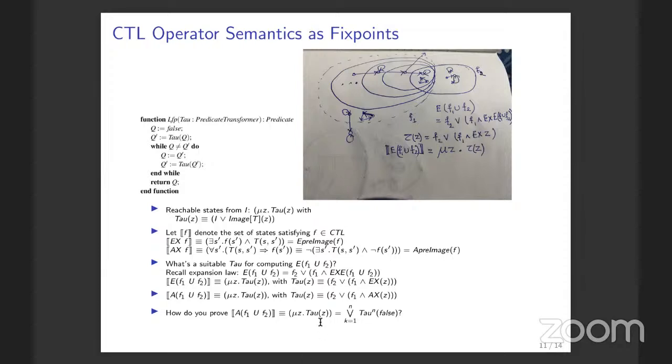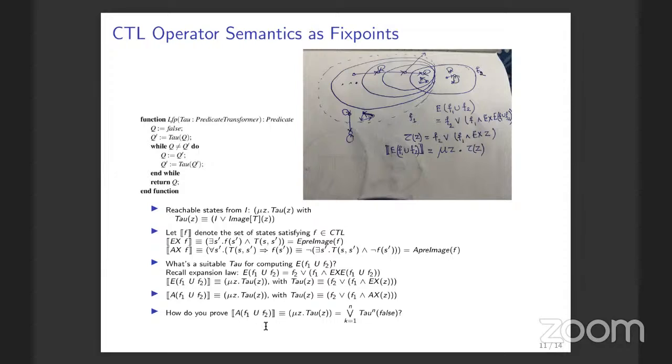This has to be done by induction on the number of steps needed in the Kleene iteration, as well as the length of the paths from any state that you need to consider to show that it satisfies A U.